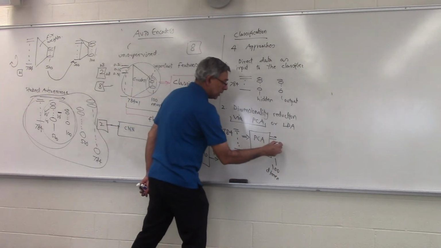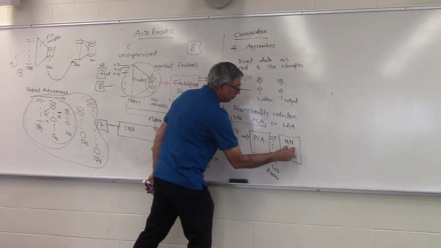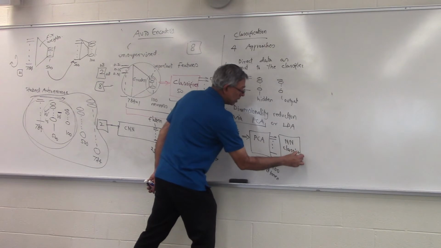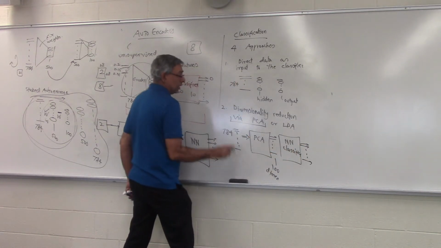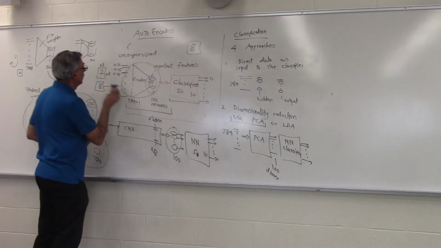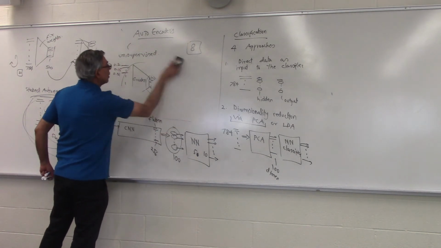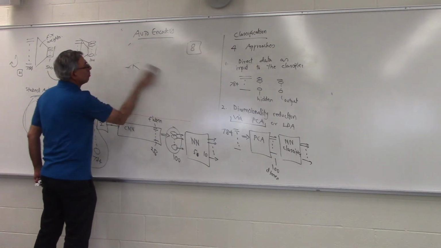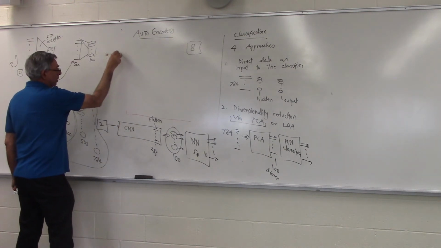Then we feed those 100 numbers to a neural network classifier with one hidden layer, and then we do the classification. So this will be approach 2. The third approach will be autoencoder based.